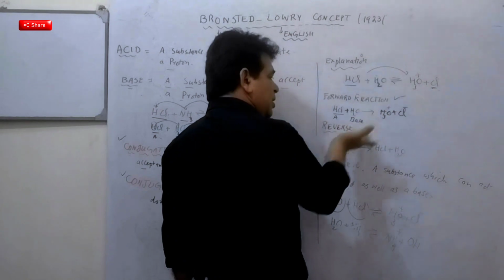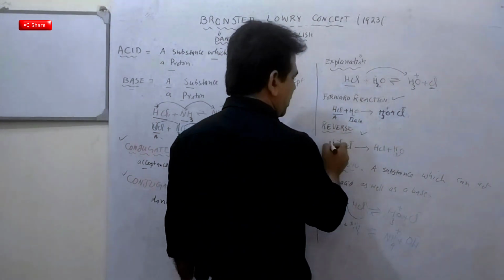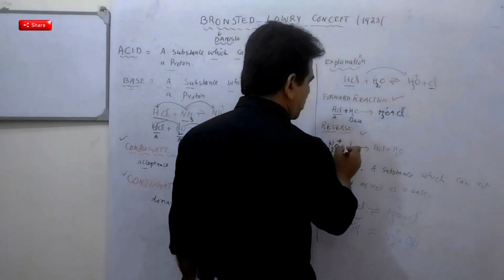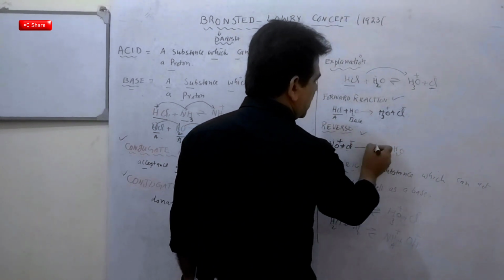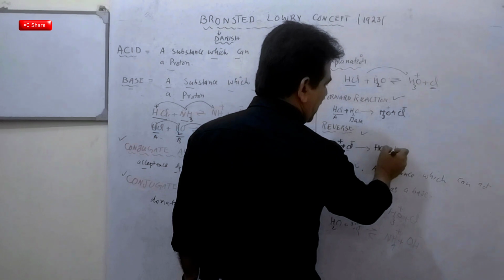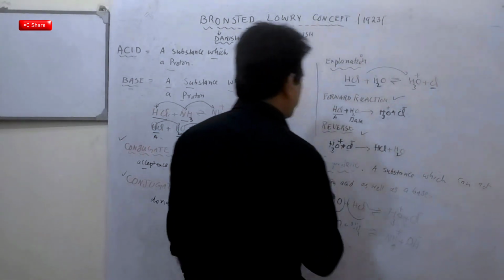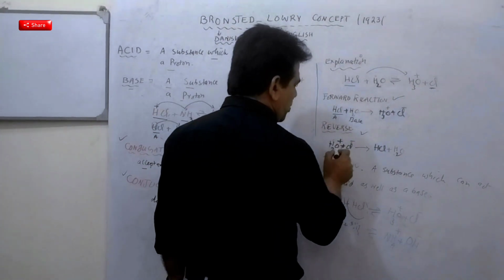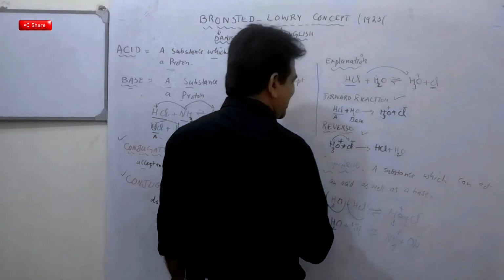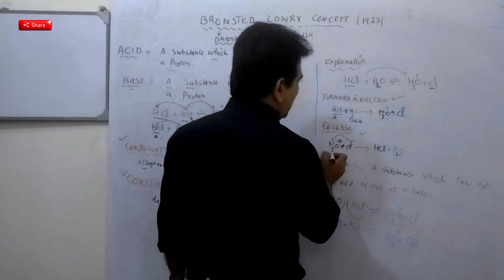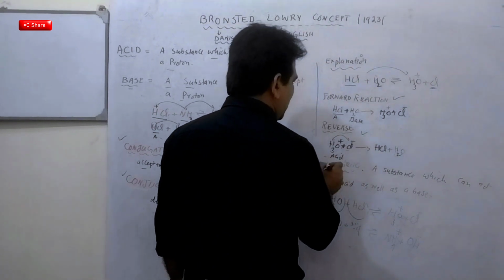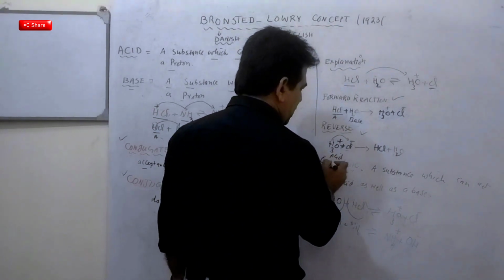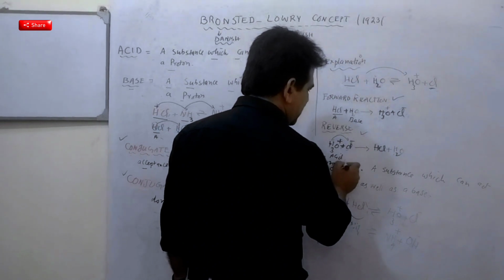Now the reverse reaction: the hydronium ion H3O+ and chloride ion react together and form HCl and H2O. Here H3O+ gives a proton to Cl-, and therefore it will act as an acid, and this acid will be known as a conjugate acid.